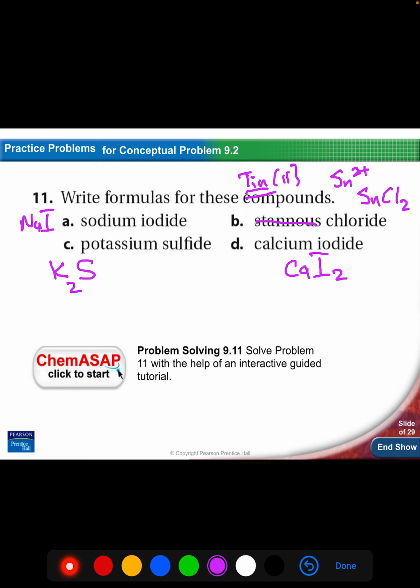So tin chloride, if I didn't know what the different forms of tin were, I could tell here that because it has 2 -1s from chlorine, it must be a +2. The other form, of course, is the +4 stannic form of tin.